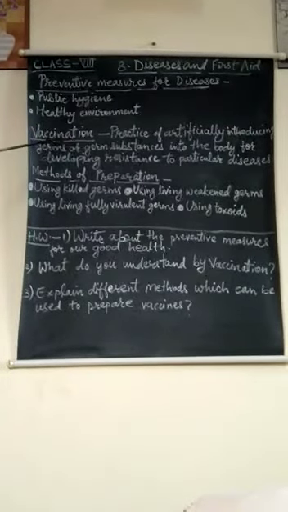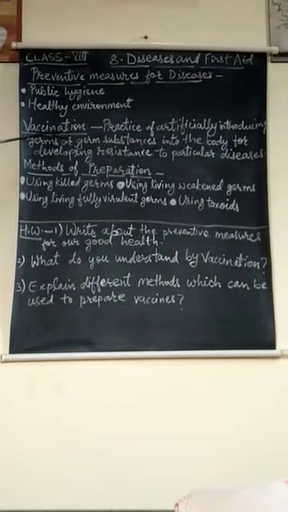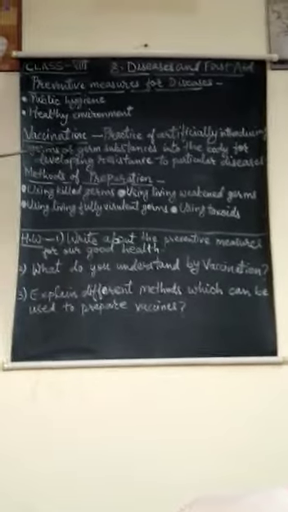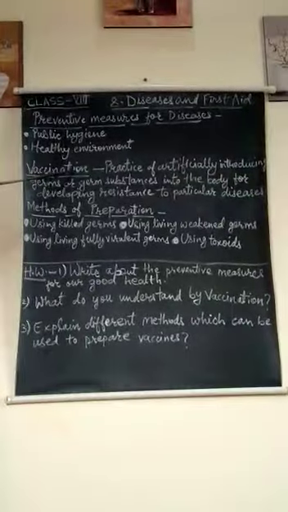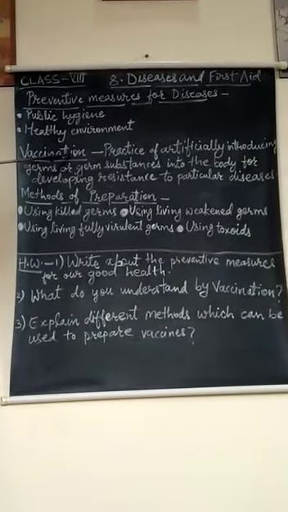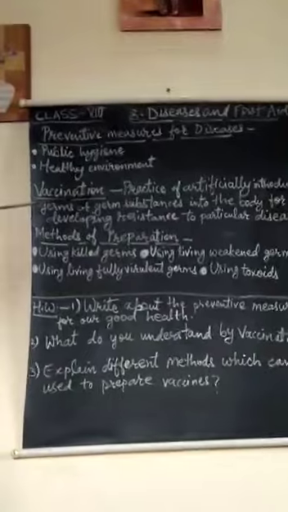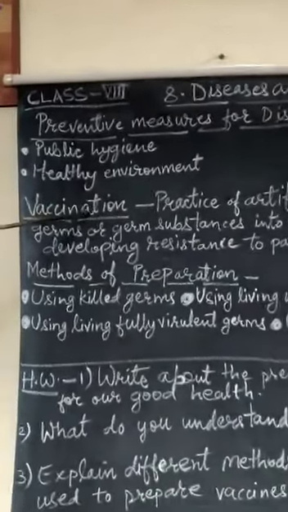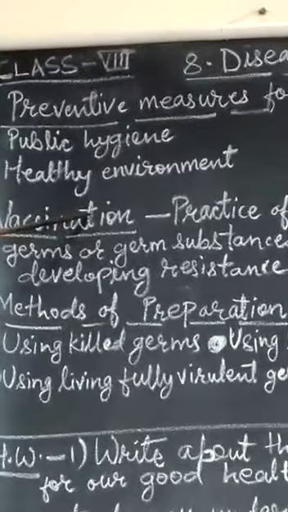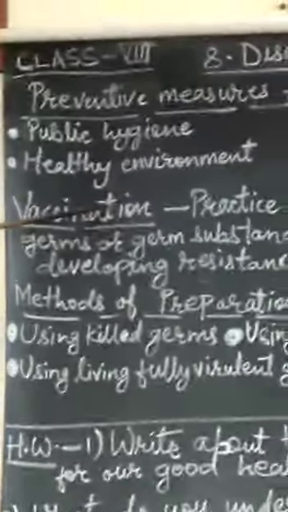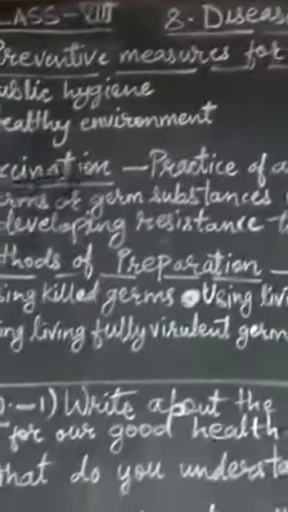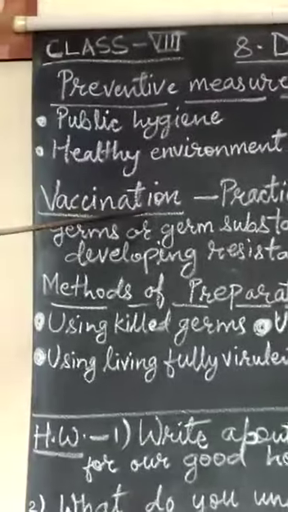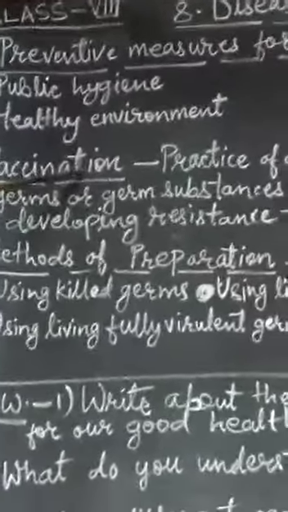This word vaccination was first conceived by Edward Jenner when he observed that the milkmaids in his area were not suffering from smallpox, while other persons were suffering from smallpox.